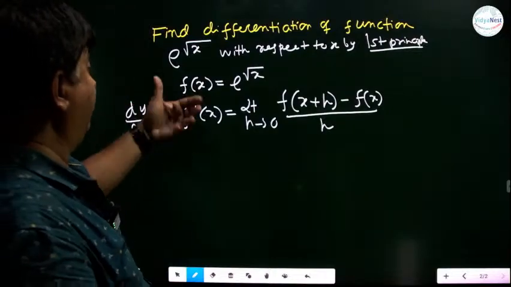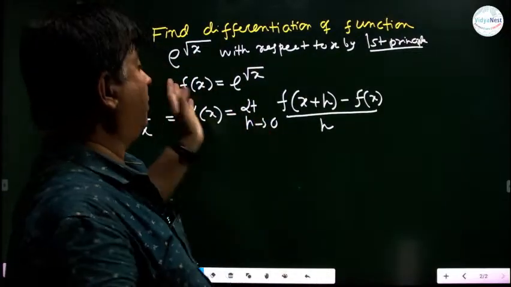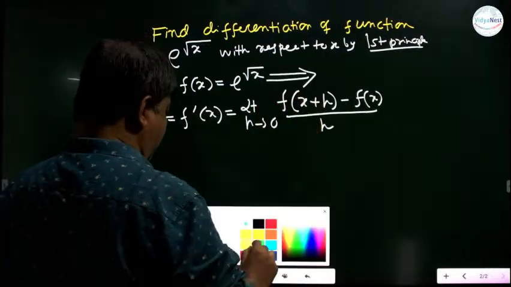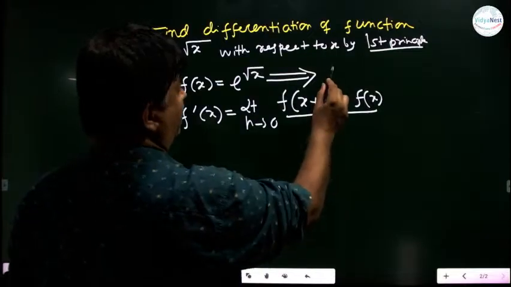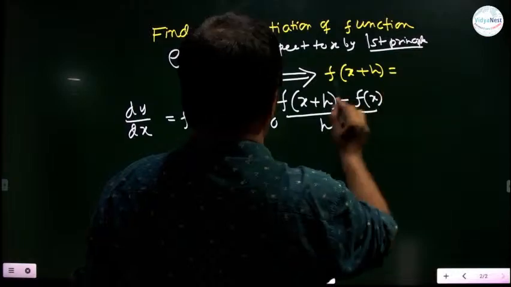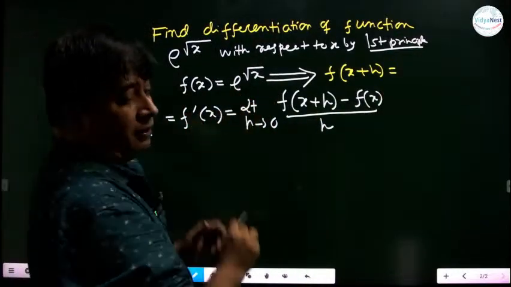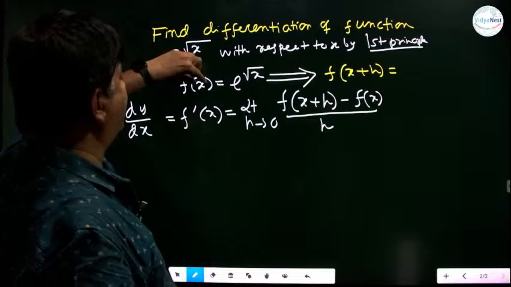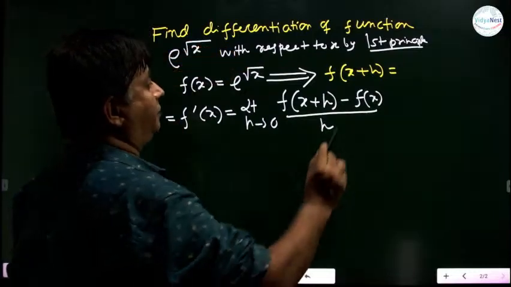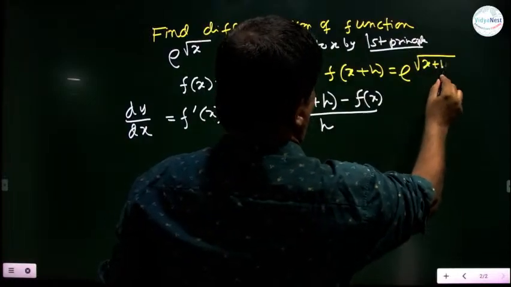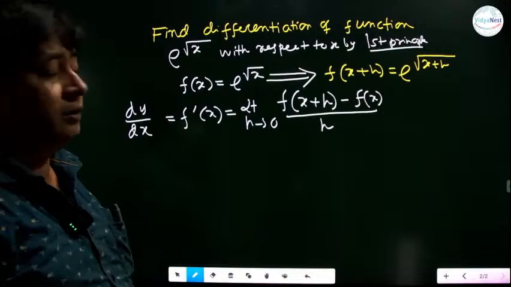Now f(x) we have got. Using the concept of function, you get f(x plus h). If f(x) is e to the power root x, then x is replaced by x plus h. This will become e to the power root of x plus h. Yes or no? Yes.